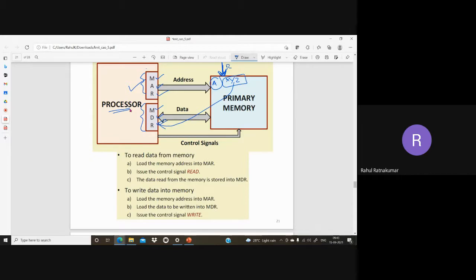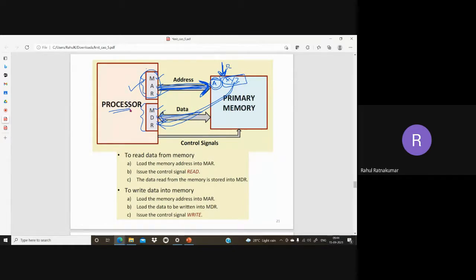So MDR stores the corresponding data pointed to by the MAR.